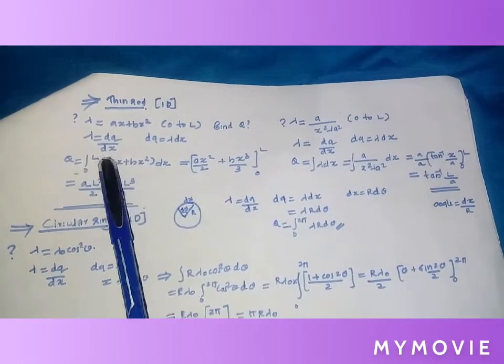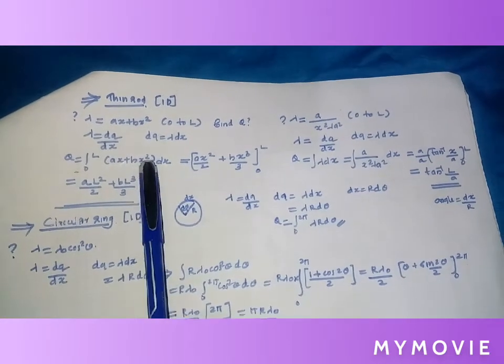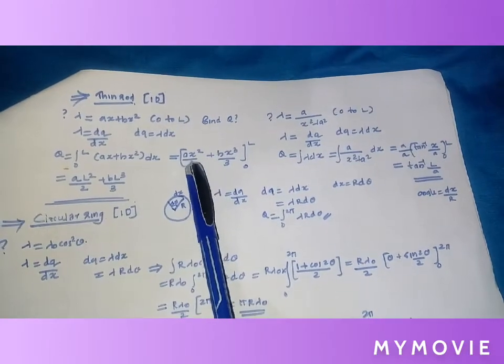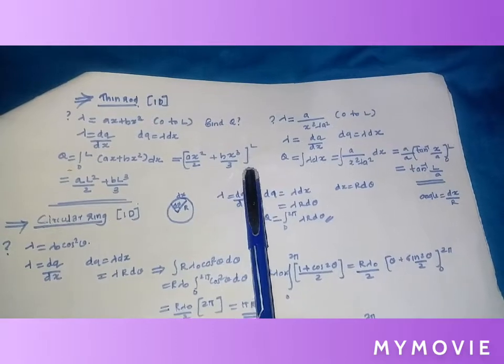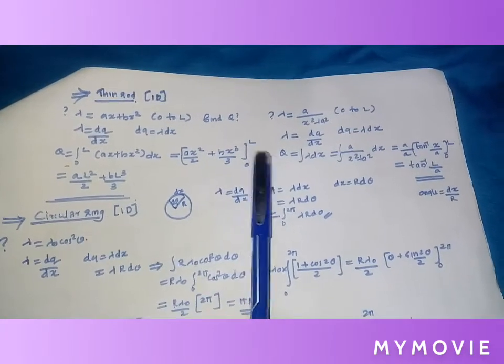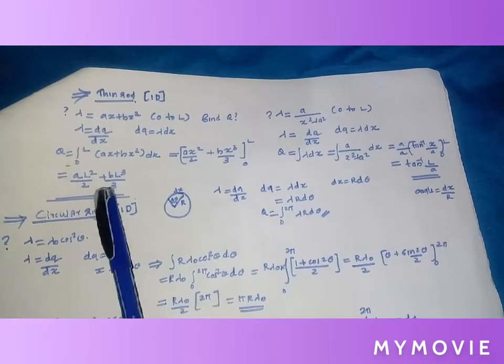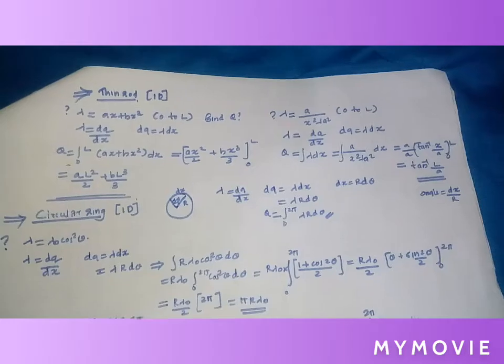We integrate from 0 to L lambda dx, where lambda is equal to ax plus bx square given in the question. Integrating with respect to x, we get ax square by 2 plus bx cube by 3 from 0 to L. First apply upper limit minus lower limit, that is aL square by 2 plus bL cube by 3. This is the total charge of this thin rod.